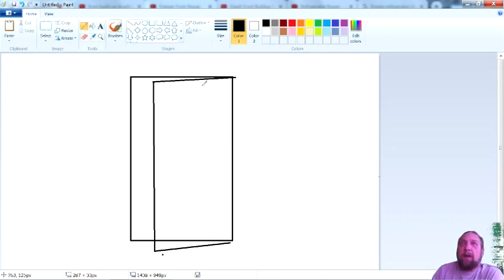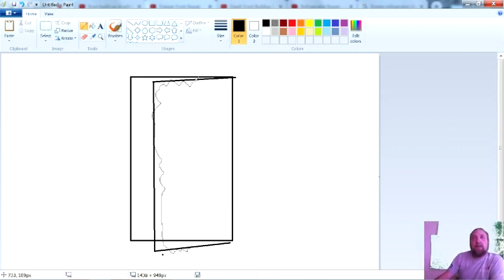Well, from about here all the way around to here, all I would do is get my drill or my screwdriver and turn every one of the screws from about the halfway point all the way up to this point here, and just turn them a couple of turns till they're loose. Not so loose that they're going to fall out of the door and everything's going to fall off, but just like one or two turns.